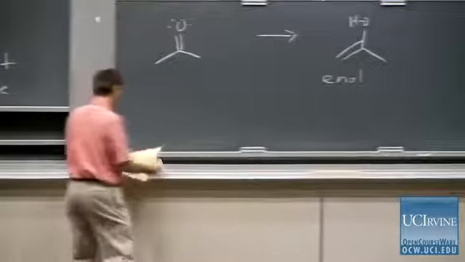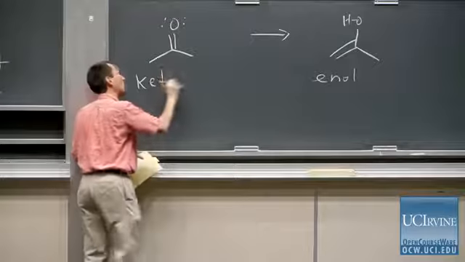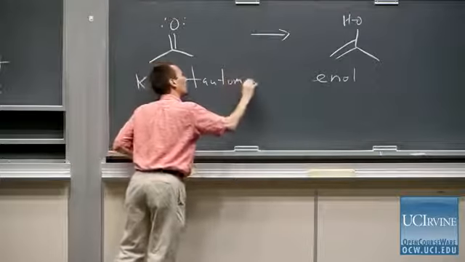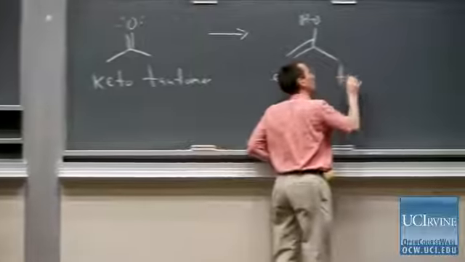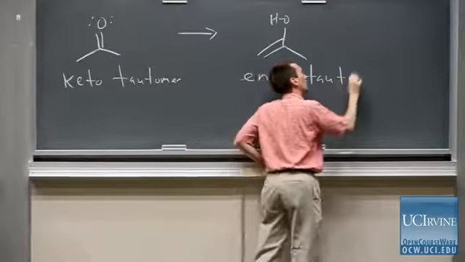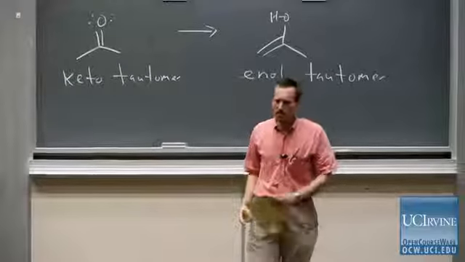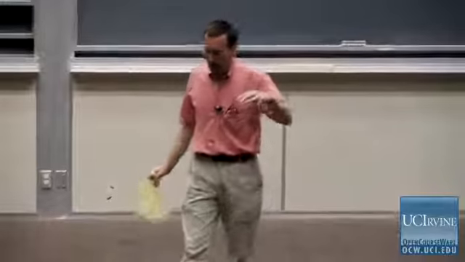And so we refer to this as the keto tautomer, and this as the enol tautomer. Tautomer means an isomer where you've moved hydrogen around.